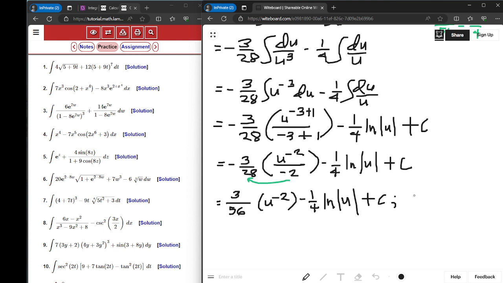Take note that we let u be equal to 1 minus 8e to the power of 7w.